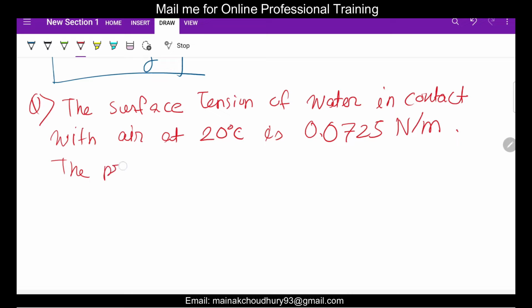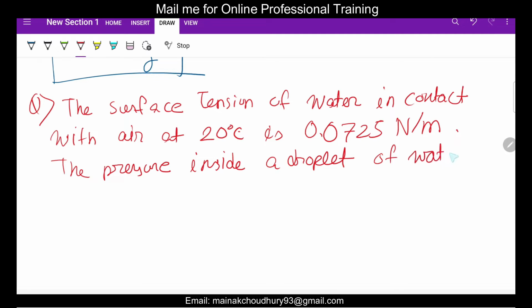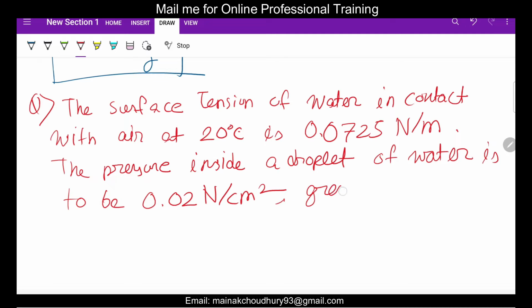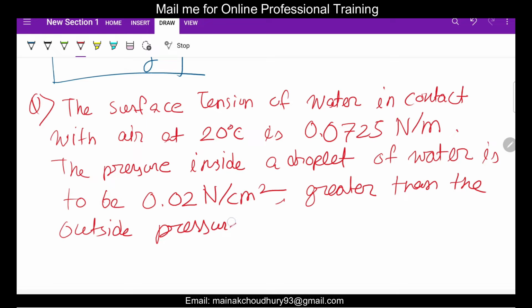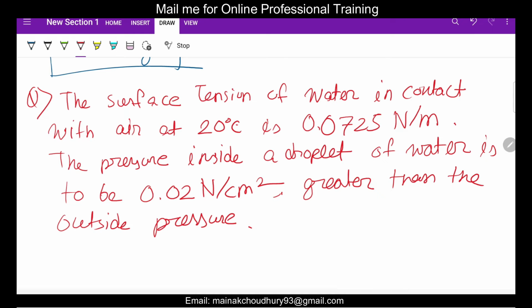The pressure inside a droplet of water is to be 0.02 Newton per centimeter square greater than the outside pressure. Okay, so this is greater than the outside pressure.